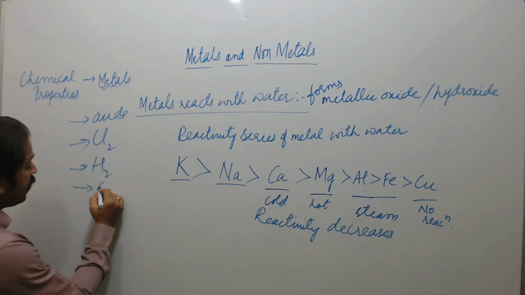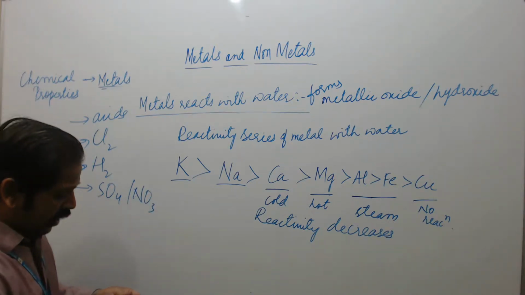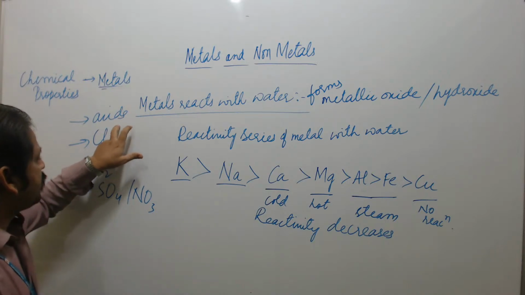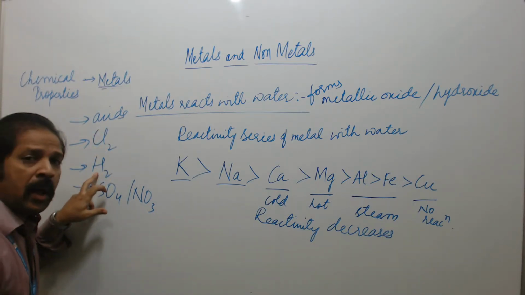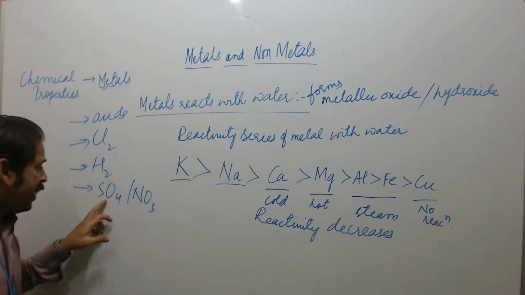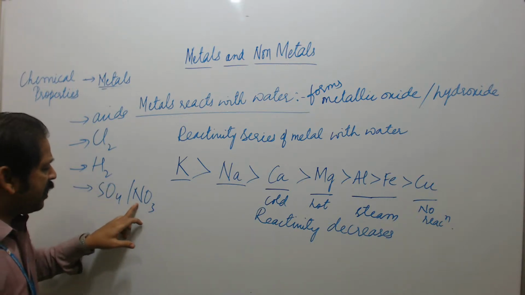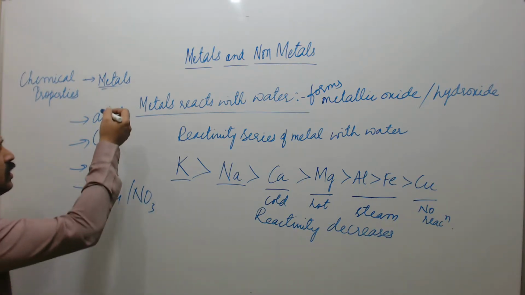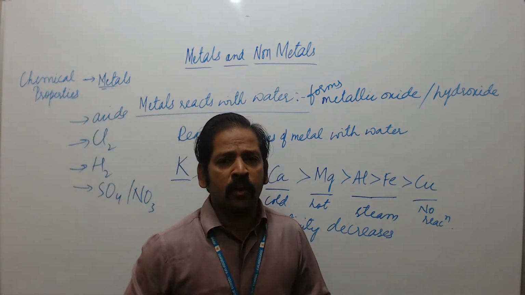Apart from that, we also have sulfates and nitrates. Metals react with acids, chlorine, hydrogen, and sulfates; metal sulfates or metal nitrates react with other metals. We'll discuss all these topics in tomorrow's class. Okay, thank you to one and all.